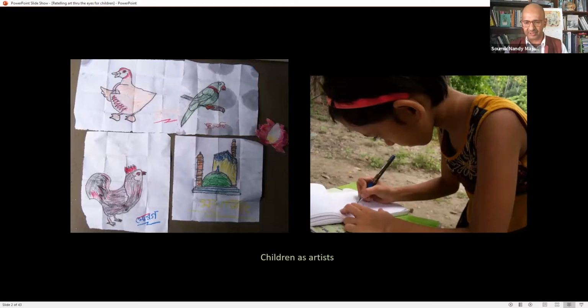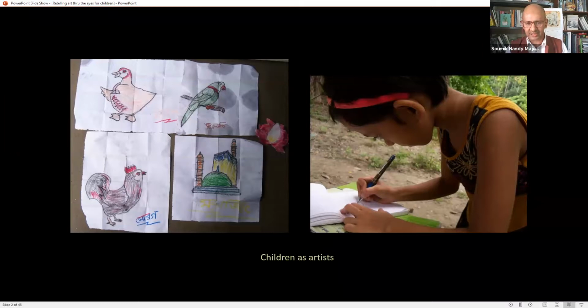In the photograph, the small sketchbook that you see belonged to me, the pen belonged to me. I also offered her some colored pencils, and she started copying some of those images that you see on the left-hand side from a book which was given to her from her school. You can see a mosque, a parrot, a bird, and a hen.